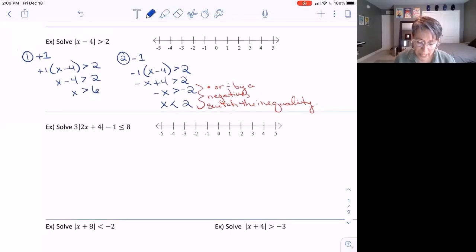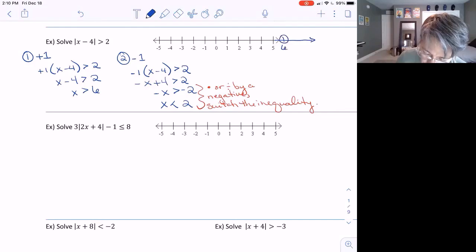If we're looking at it in terms of the number line, we know that we need our x larger than 6. So let's see, 6, we're going to have to extend this a little bit. We need our x larger than 6 and an x smaller than 2, all the way out here.